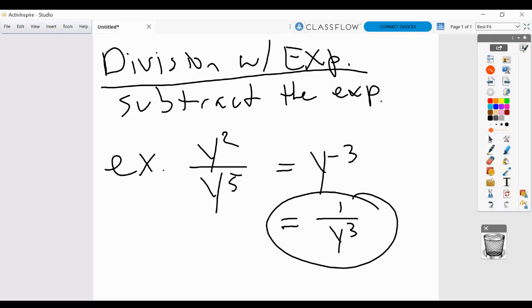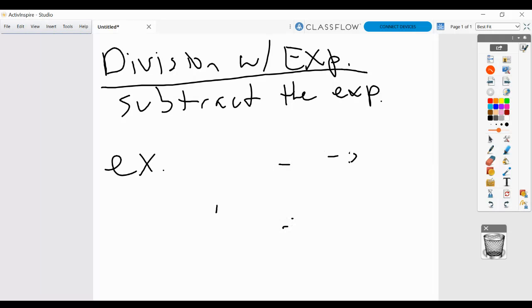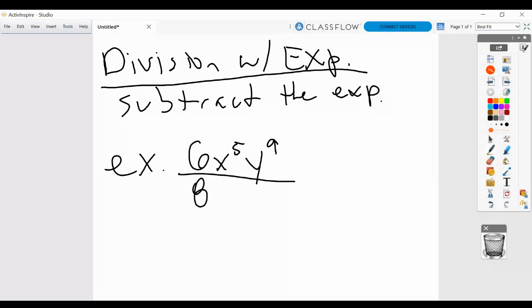Okay, I want to look at one more example of division with exponents. The other example we're going to look at is something like this: 6x to the 5th, y to the 9th, over 8x to the 7th, y to the 4th.